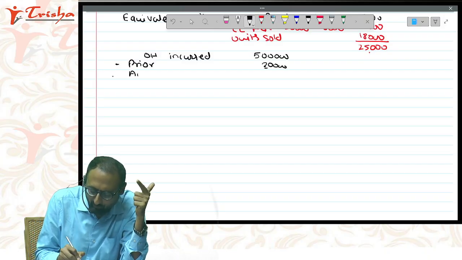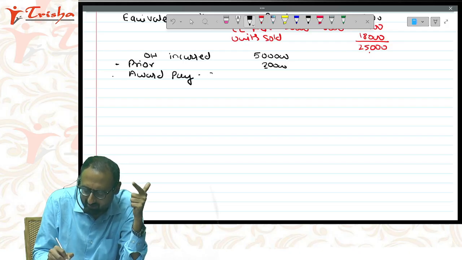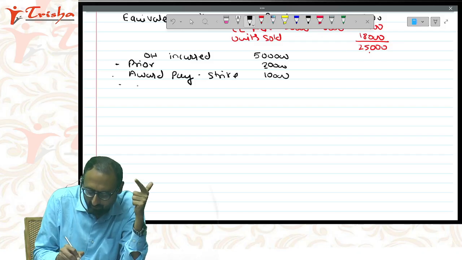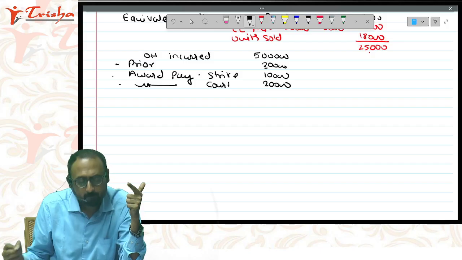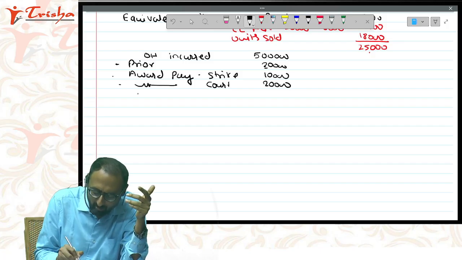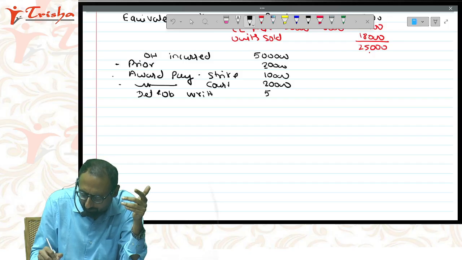Second one, award payable to the worker during the strike period, 10,000. Next one, award payable to the worker as per the court order, 20,000. Next adjustment, deterioration and obsolescence of the material written off, 5,000.